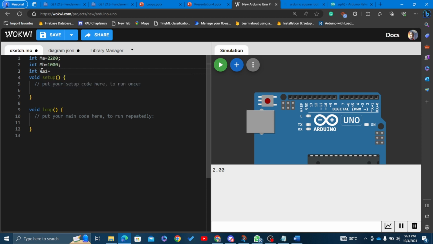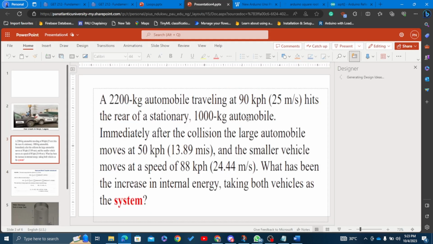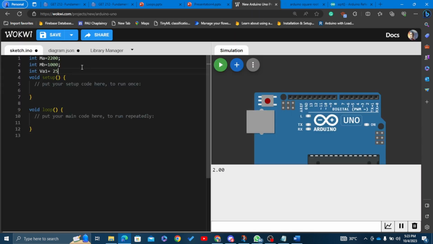For the first car it was around 25 meters per second. I believe 25. Let's put the unit in comments. Meter per second. But this is in kilogram.